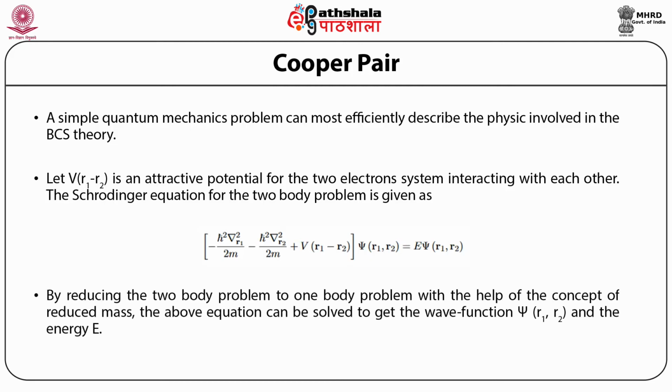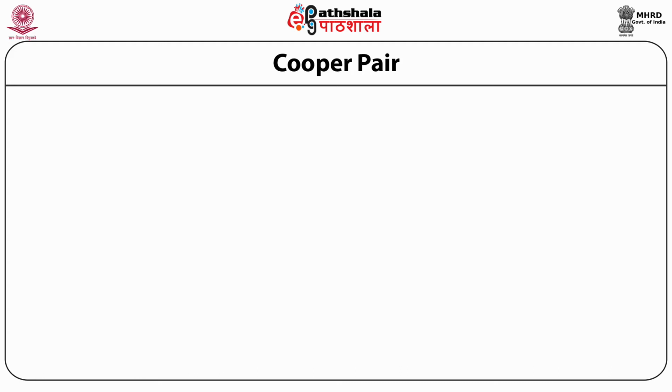By reducing the two-body problem to a one-body problem with the help of the concept of reduced mass, the above equation can be solved to get the wave function psi of r1, r2 and the energy E.